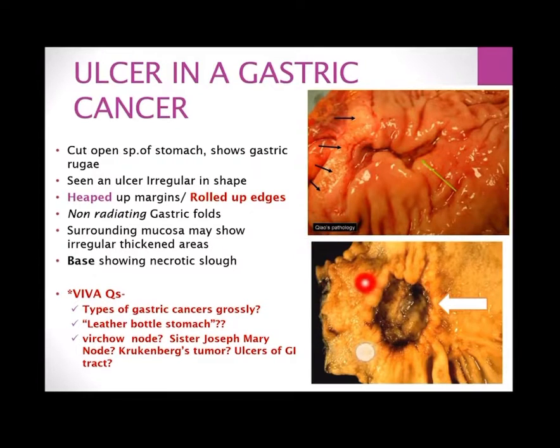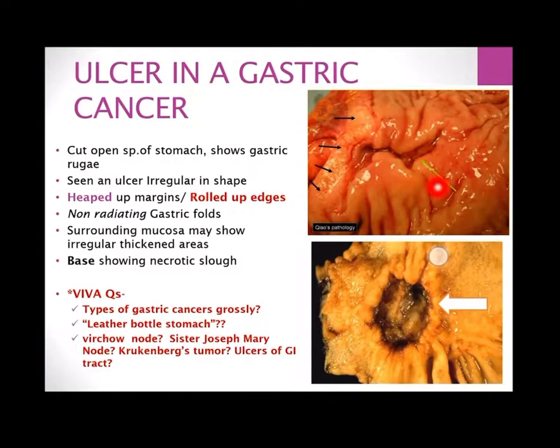Now when you diagnose this ulcer as gastric carcinoma, the examiner can ask you what are the different types of gastric cancers grossly. So grossly, how do the gastric cancers appear? So the answer is that they can be seen in the form of a nodular growth like this with the ulcerated center, or secondly they can be seen in an infiltrative pattern where the cancer cells are infiltrating the wall of the stomach and leading to the thickened wall of the stomach, but there is no visible nodular growth.